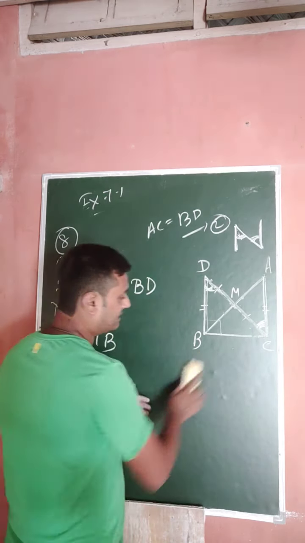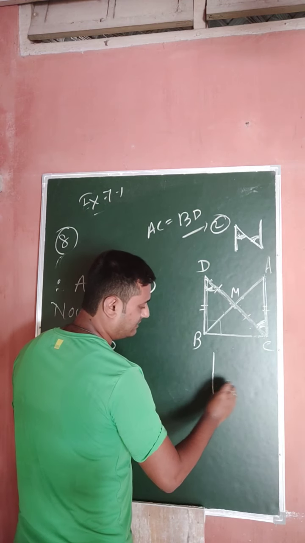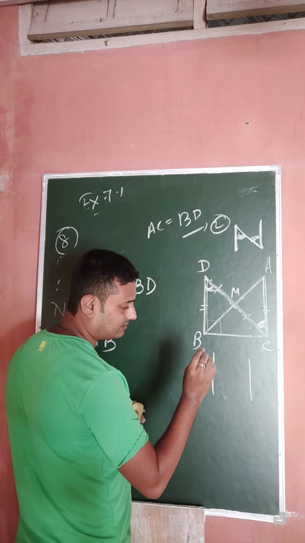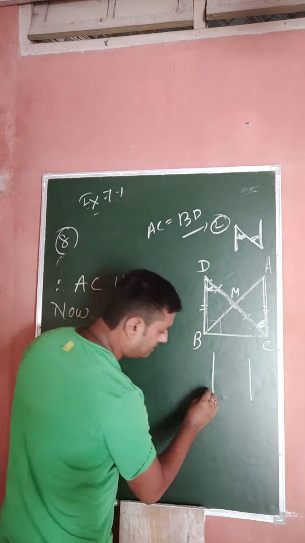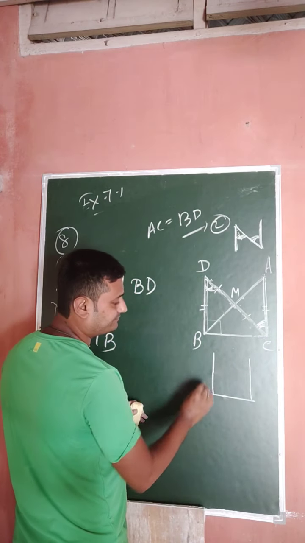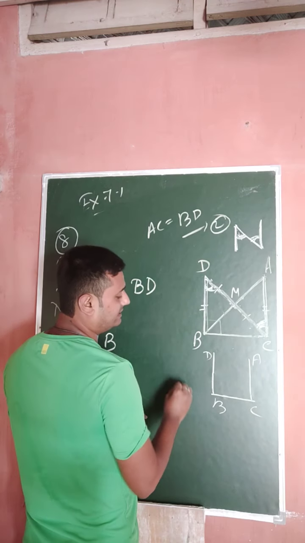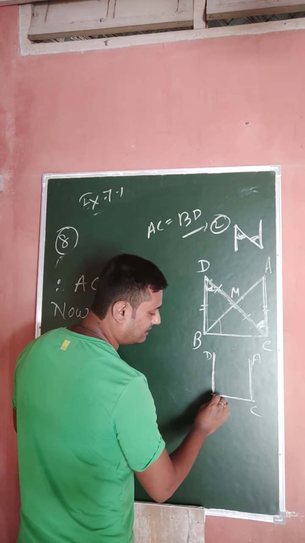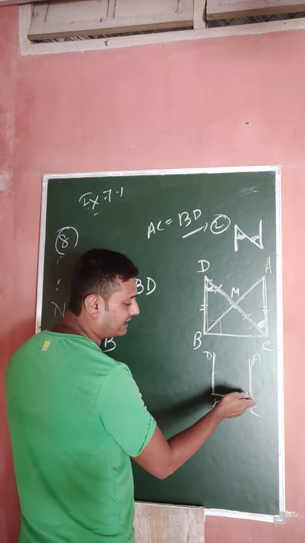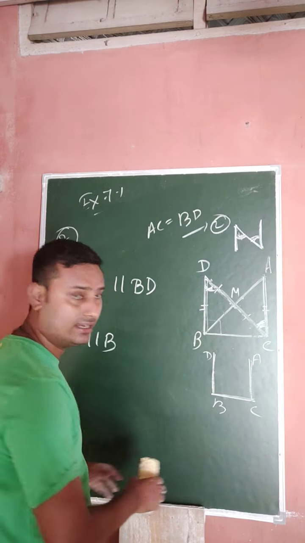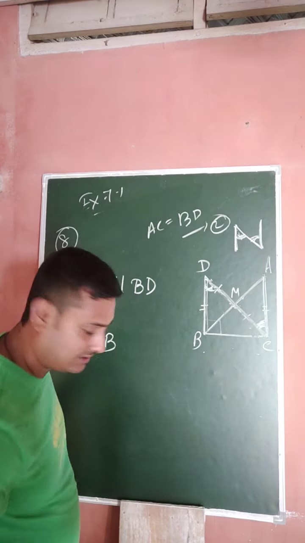So the same thing happens here. This BD and AC are parallel. This one is a transversal. Look at this one, BC. BC is the transversal. DB and AC are parallel. That means the sum of these two angles must be equal to 180 degrees. That means they are co-interior angles.